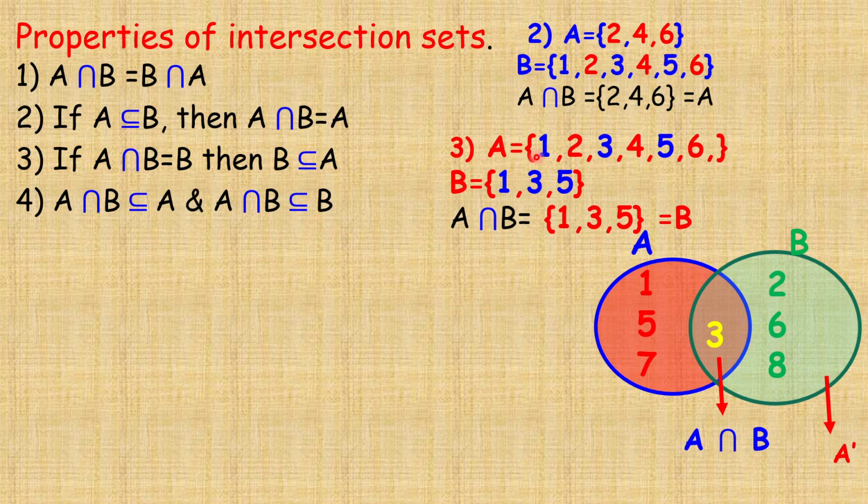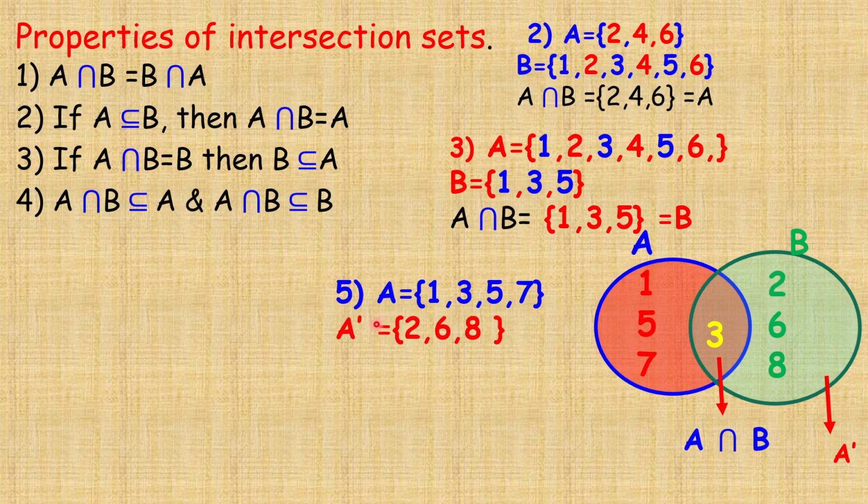Here in this Venn diagram, A intersection B has the element 3 as the common element. So A intersection B is a subset of set A and also a subset of set B. Fifth property. Here set A is given. The elements of set A are 1, 3, 5, 7.